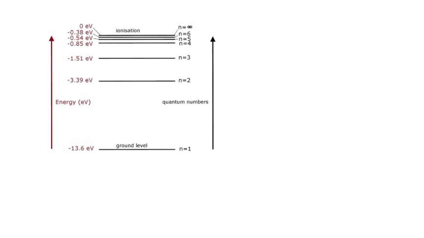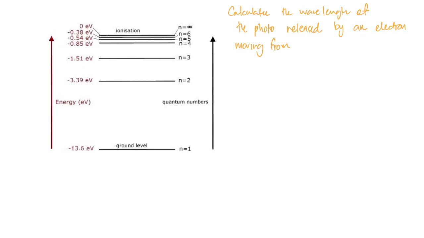And so what they can ask you to do is calculate the wavelength of the photon released by an electron moving from, let's pick n is equal to 6 to n is equal to 2. Right, that's the question.